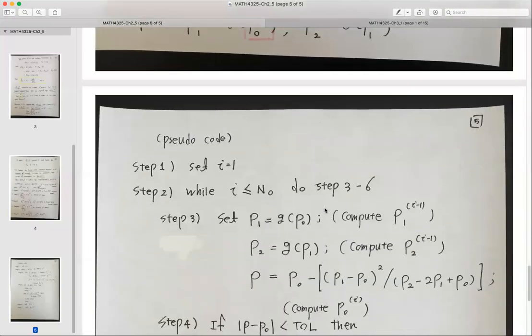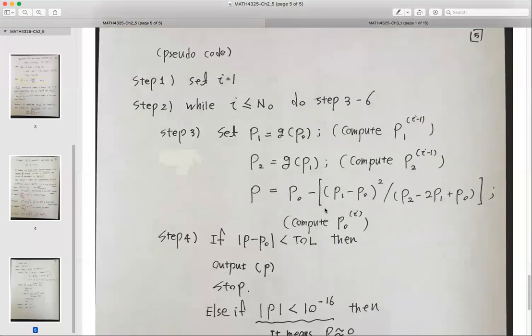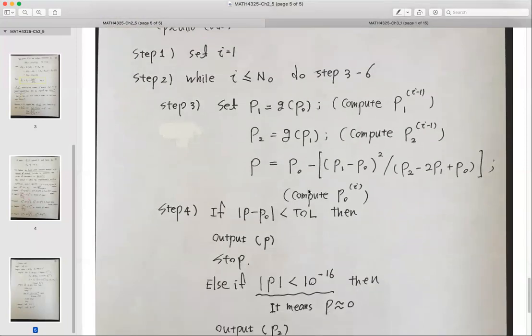That's the main algorithm. So here's a pseudo code. You can see that we calculate P1 and P2 using fixed point iterations, and then here P represents P hat, actually P0 hat, right?